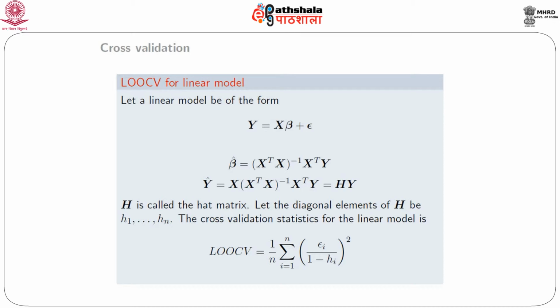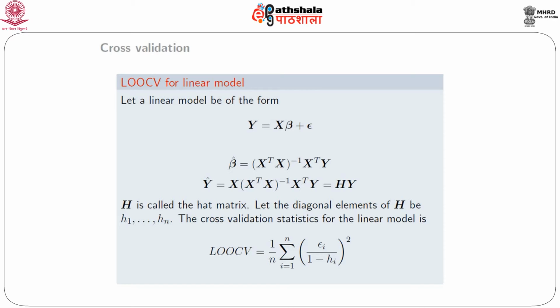Another problem with cross validation is that a small change in the data can cause a large change in the model selected. To avoid that, researchers have found that k-fold cross validation works better in this respect. Now, we had said that for general models, cross validation can be time consuming to implement, because we have to implement the same procedure repeatedly, keeping out one at a time all the n observations.